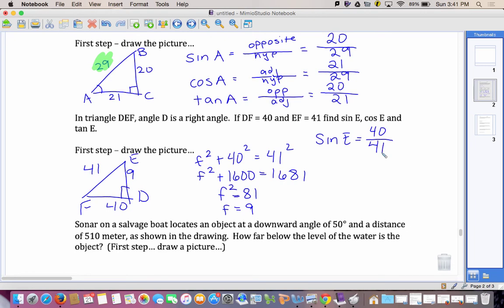Cosine of E is the leg adjacent to E, which is 9, divided by my hypotenuse of 41. And tangent of E is the leg opposite, which is 40, divided by the adjacent leg of 9. So I would have 40 over 9.